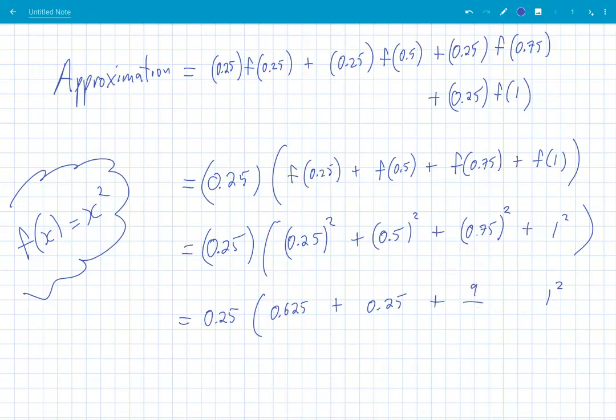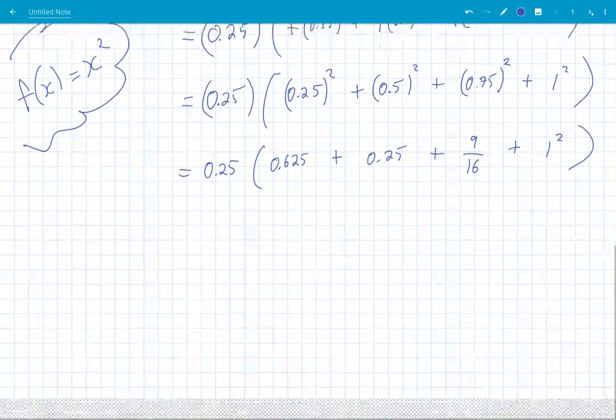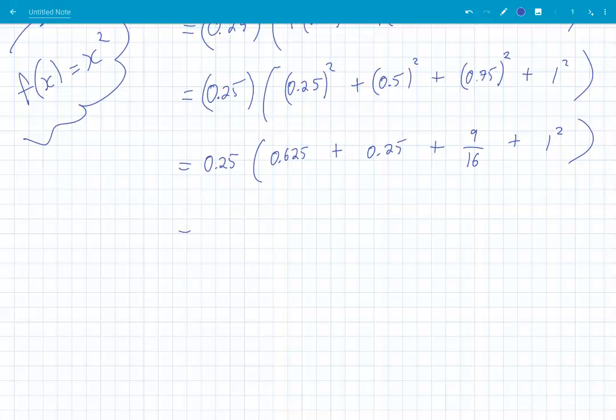Whatever that happens to be, I'll just write out 9/16 for now. At some point, you will break out your calculator and you will work this out. And hopefully I didn't make a mistake anywhere. I should get 15/32.